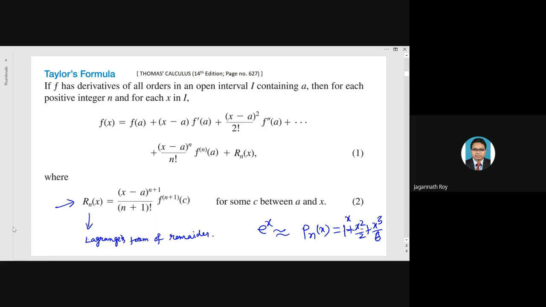After some terms, e power x, if you fix x, the value also approaches the point. That means the remainder term. So this is known as the formula when we use the concept of remainder.